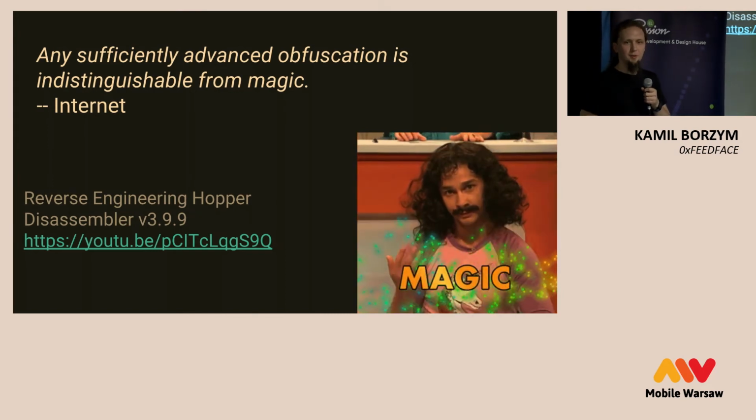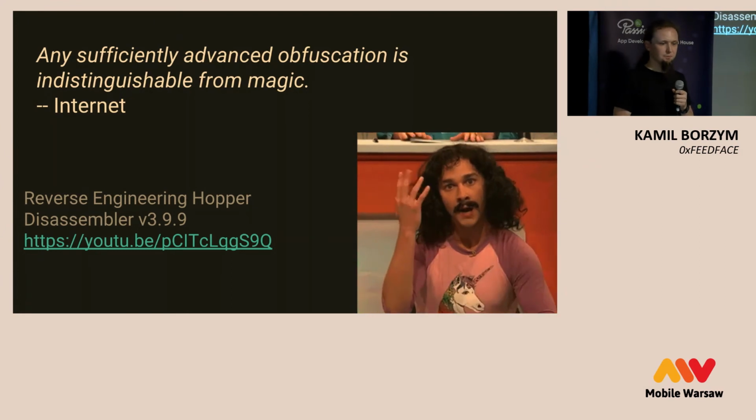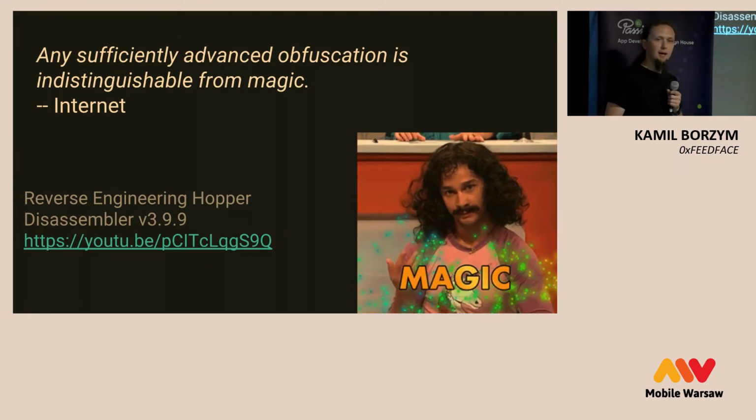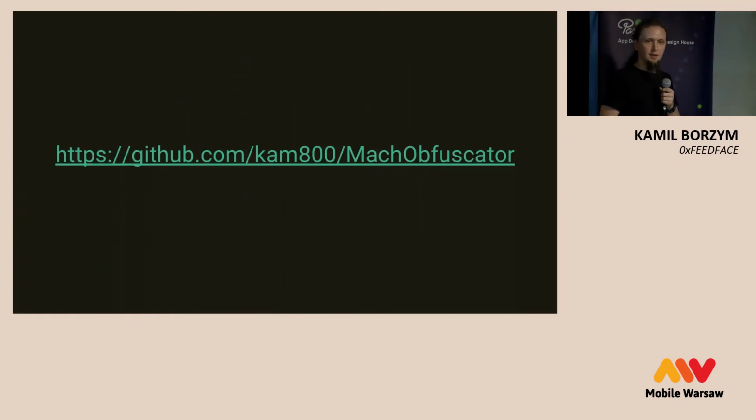I told you about Mach-O files. I told you about obfuscation. Why? Because I wanted to tell you about my idea for obfuscation. This idea is not to obfuscate the source code, but to obfuscate the compiled Mach-O file.